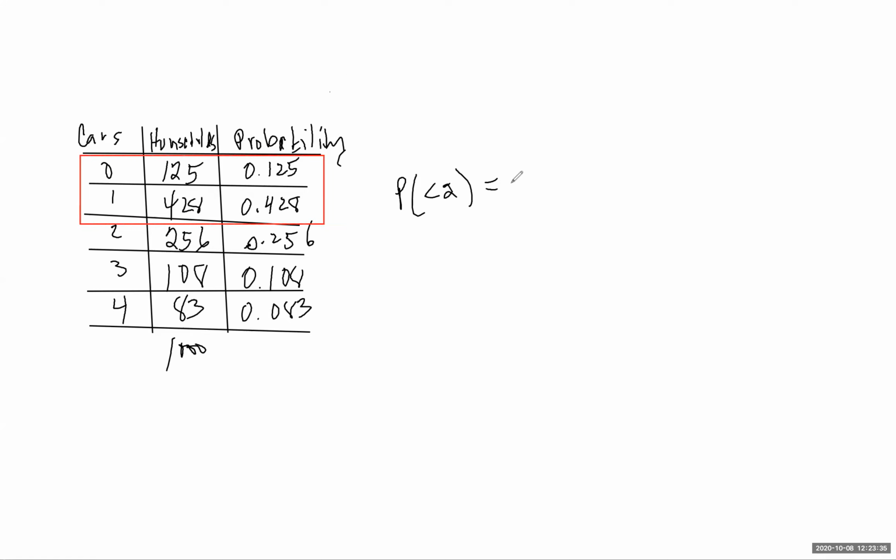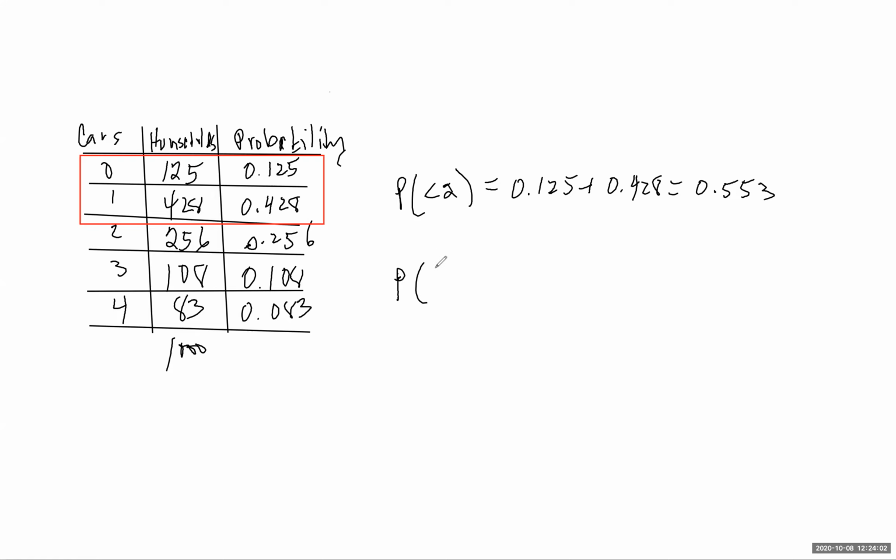We have a probability of 0.125 plus 0.428, and that gives us 0.553. So the probability of selecting someone at random who lives in a household with either 0 or 1 car, which is less than 2, is 0.553.